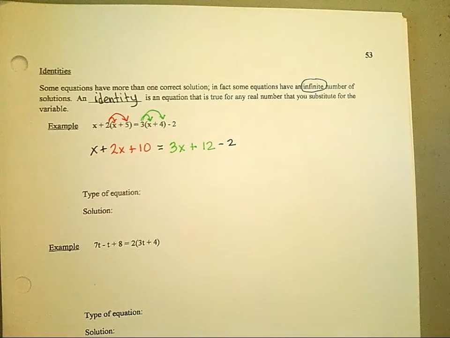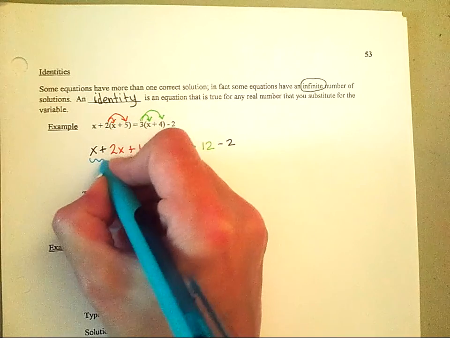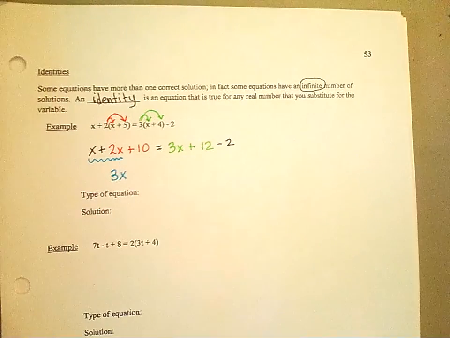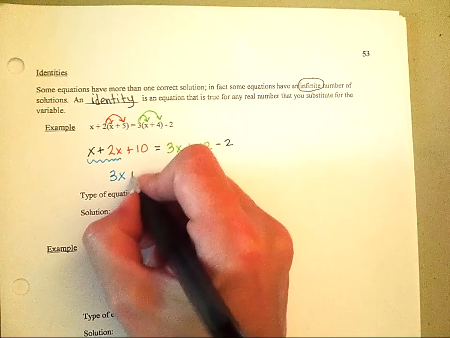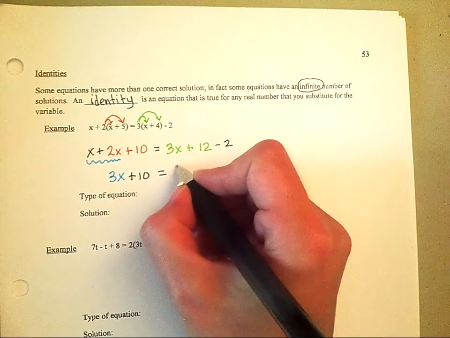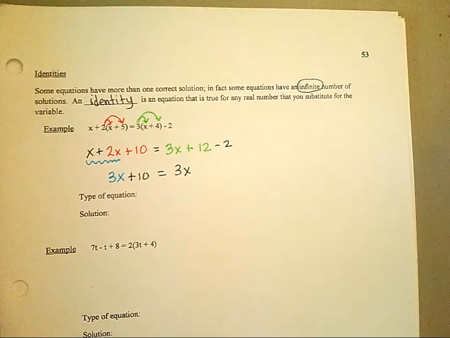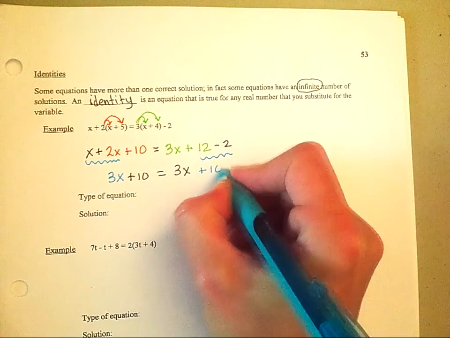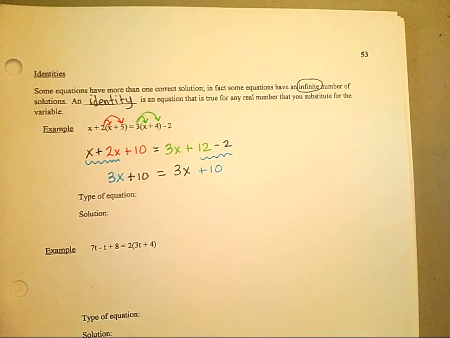Now let's combine like terms. On this side, x plus 2x's becomes 3x's, then plus 10. And on this side, 3x, when you combine these two, this also becomes plus 10.